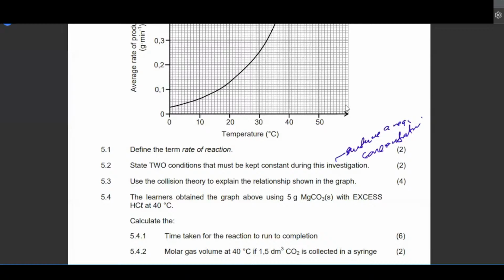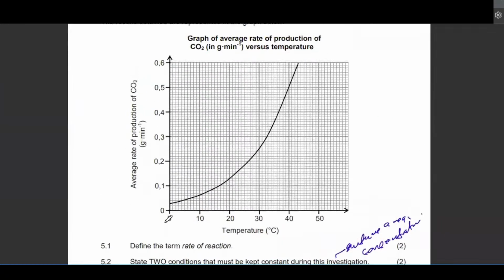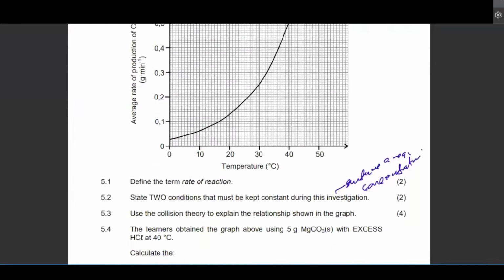They're saying use the collision theory to explain the relationship in the graph. So what's happening in the relationship with the graph? If you look at it, you see that as temperature increases, the average rate of reaction is also increasing. So the graph is showing you. Remember that whenever the graph is going like this, it shows the graph for the products.